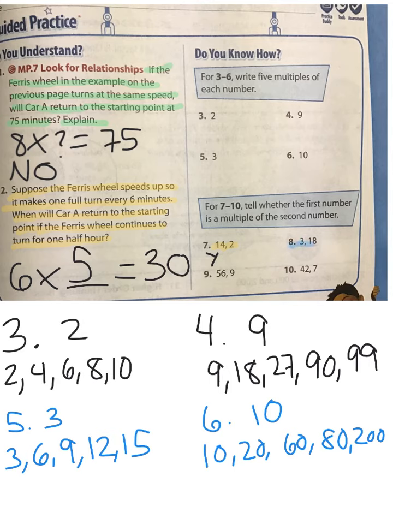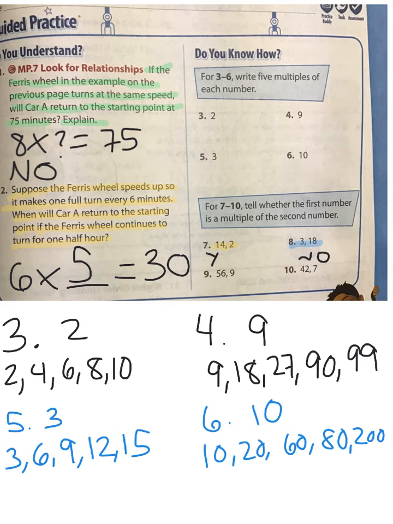Is 3 a multiple of 18? The answer for this one would be no, because you can't multiply 18 by anything to get 3. If it was the other way around and it said 18, 3, then yes, 18 would be a multiple of 3. But since it's switched and it's asking, is 3 a multiple of 18? No, because 3 is a factor of 18.